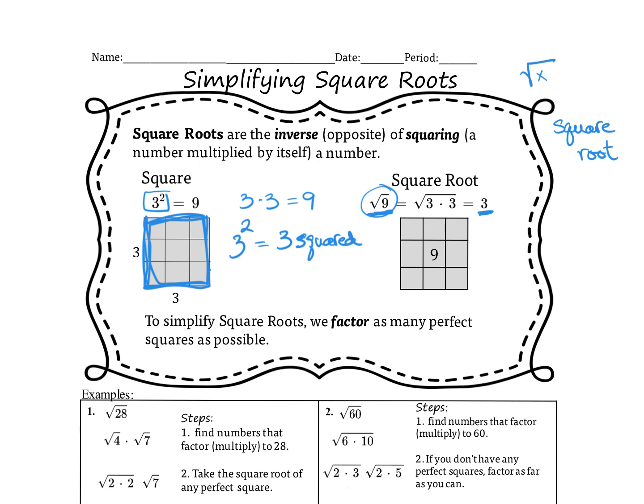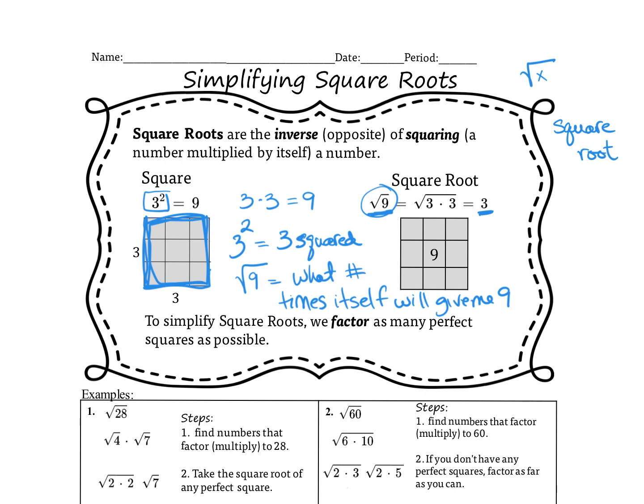So anytime we have this square root in the 9, the question being asked is what number times itself will give me 9. Okay, and it is 3, because 3 times 3 is 9.